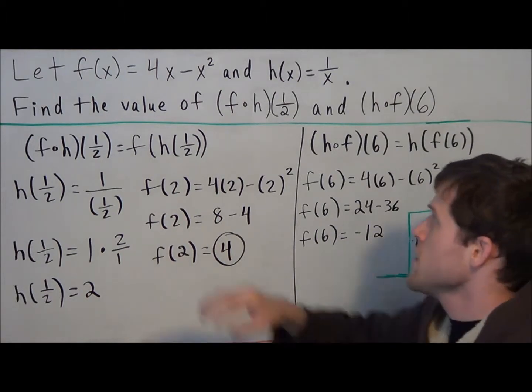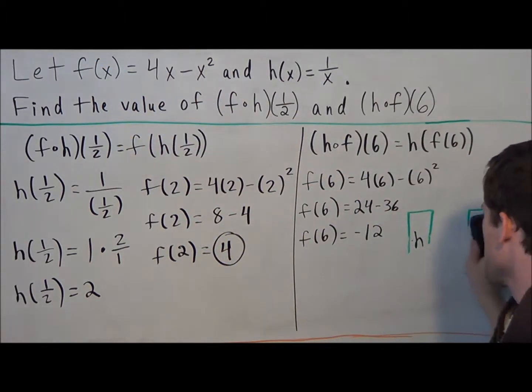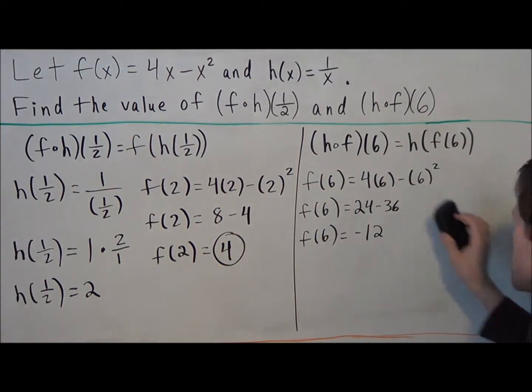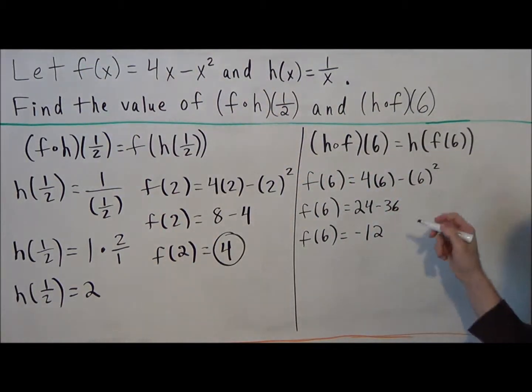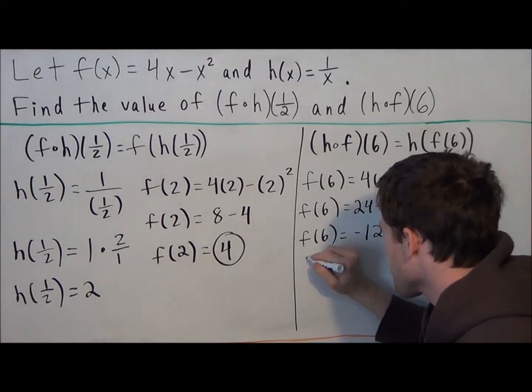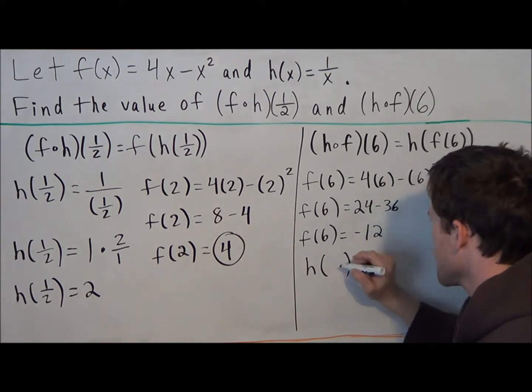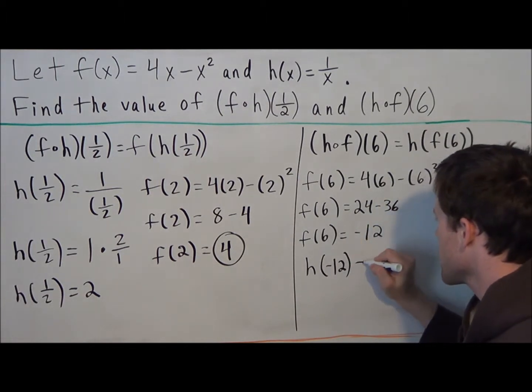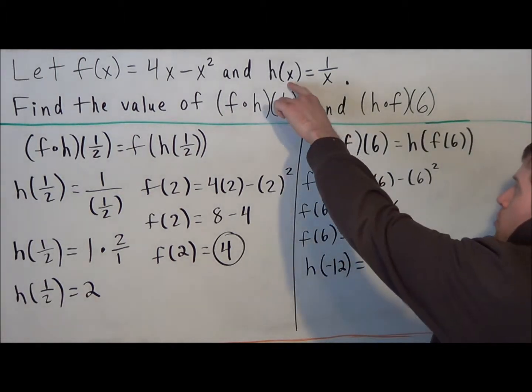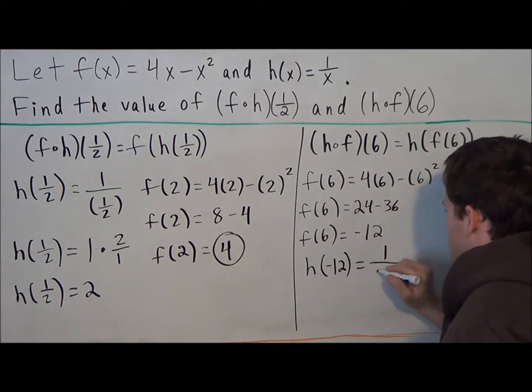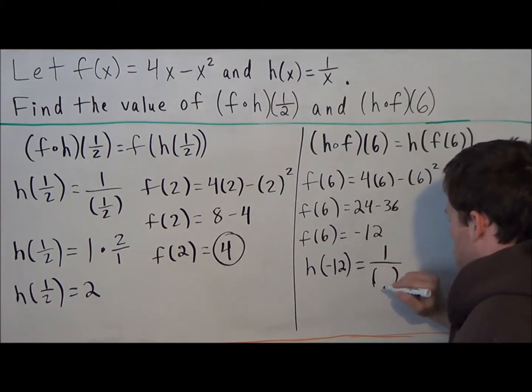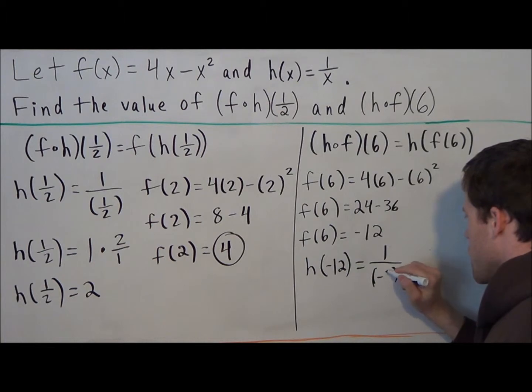So then for the next line, we'll get rid of this diagram here. All we need to do now is plug this into h. So we have h of negative 12 equals, and notice we're replacing the variable x. So instead of x, we're going to write blank parentheses, and we're replacing that with negative 12.